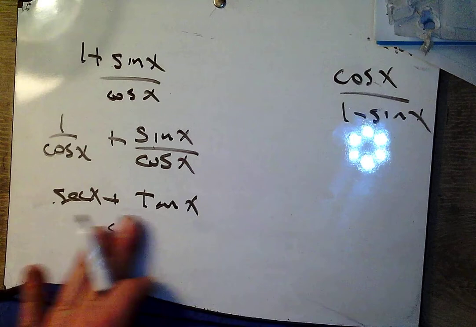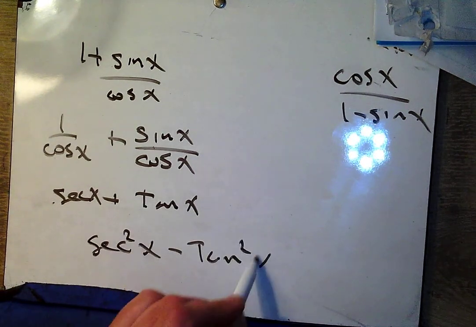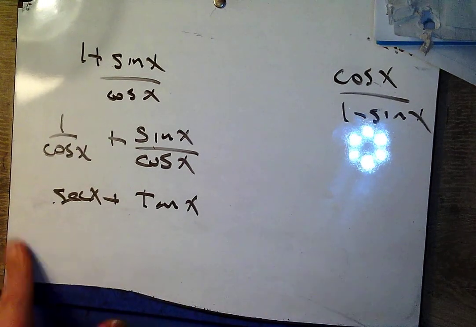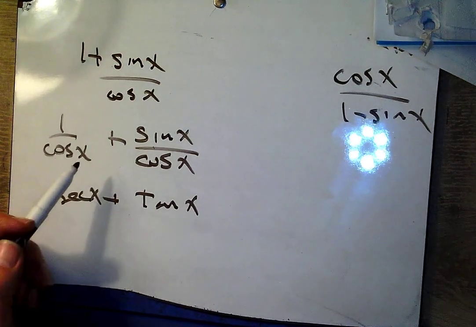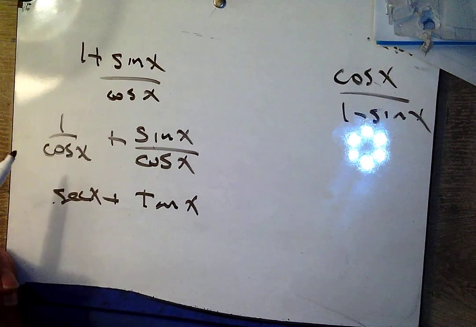And no, I don't know that at all. I know that secant squared minus tangent squared is 1. But secant plus tangent? No. Sorry. Could be 1. Probably isn't. So, not keen to split that up into two fractions.